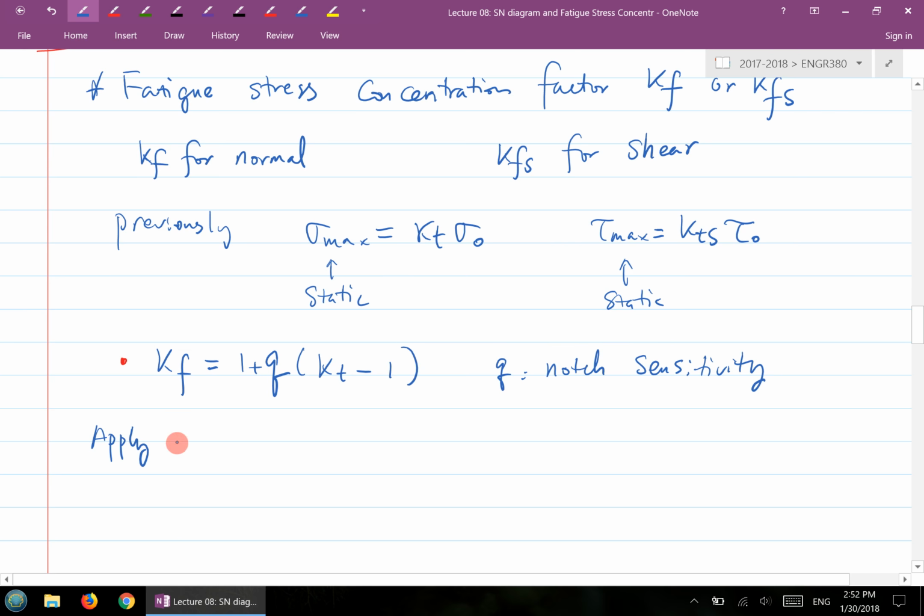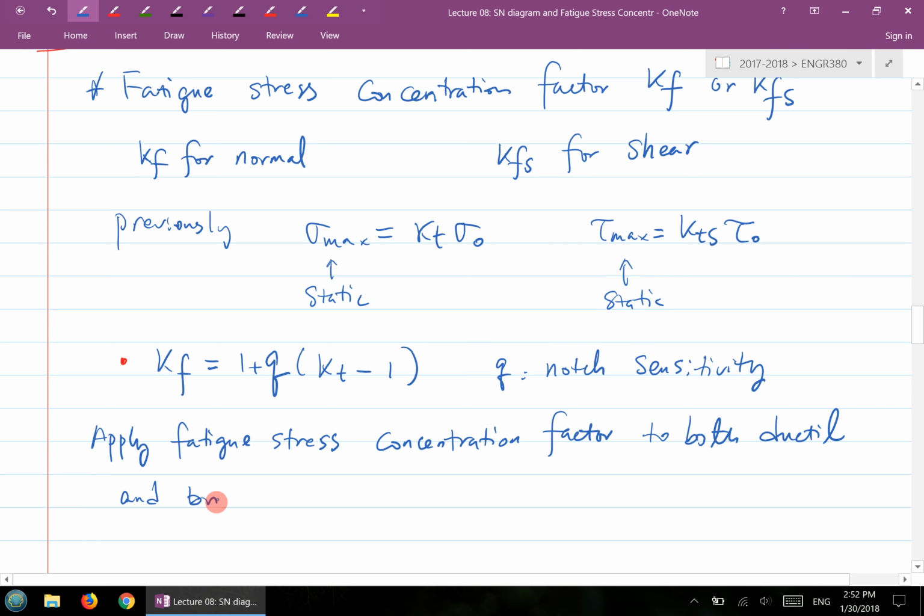Apply the fatigue stress concentration factor to both ductile and brittle material. Okay, that's the difference.